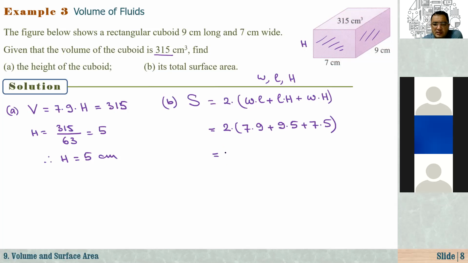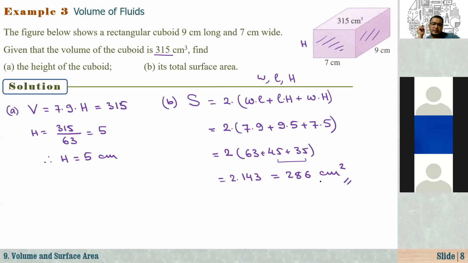Now, if you calculate this, 2 times 7 times 9 is 63, 9 times 5 is 45, 7 times 5 is 35. 45 plus 35 is 80. 80 plus 63 is 143, which times 2 is 286 cm squared. It's the area, right? 286 cm squared.